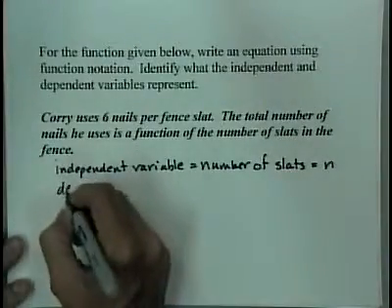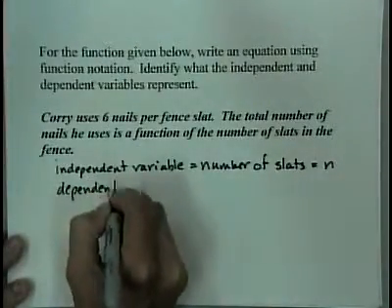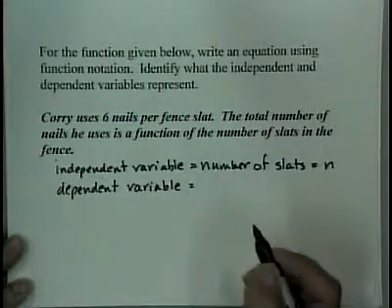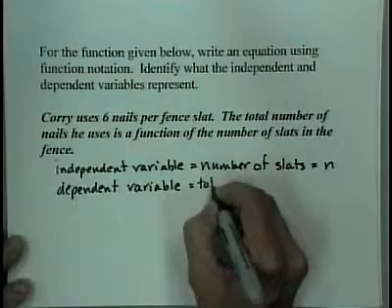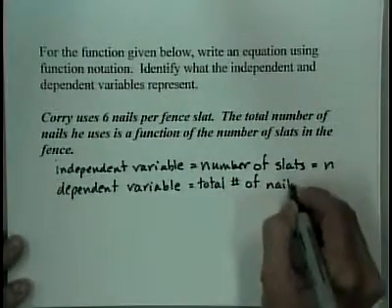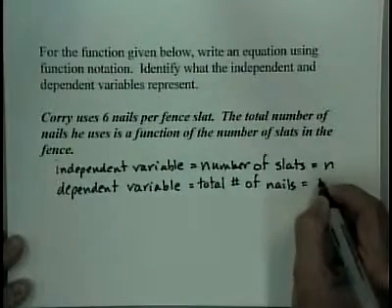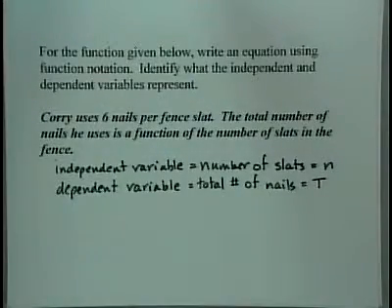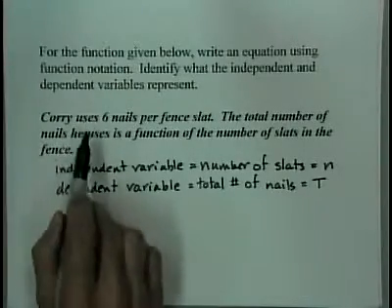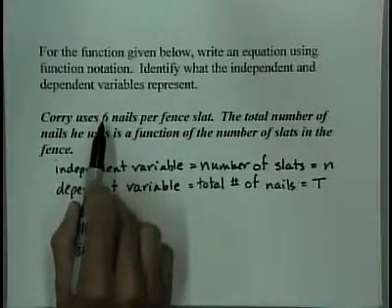The dependent variable is going to be the total number of nails. I'm going to abbreviate. Let's use a T for that, for total.